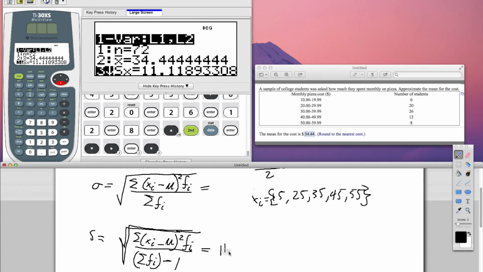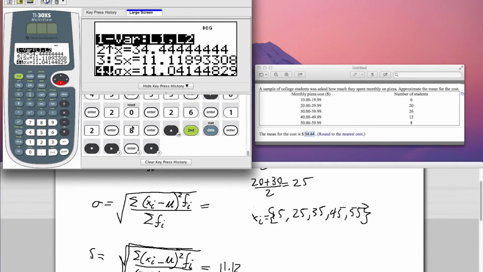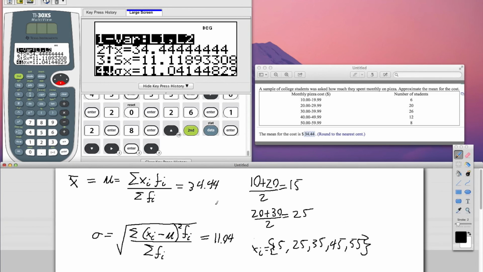So this is 11.2 to 2 decimal places. And when we go down, number 4 is the population standard deviation, 11.04. So that is how you find the population mean, sample mean, and the standard deviation using the calculator.